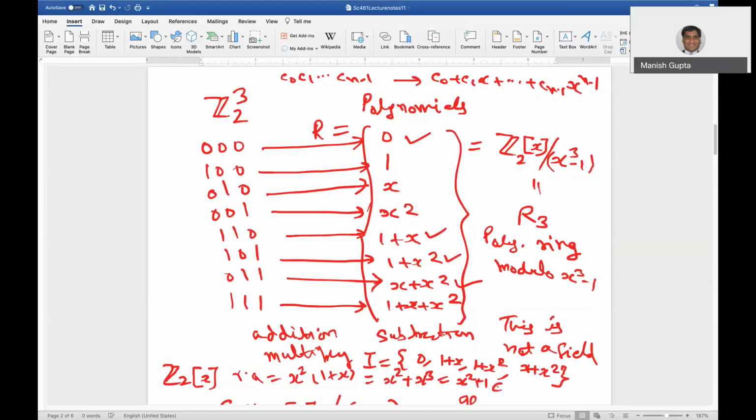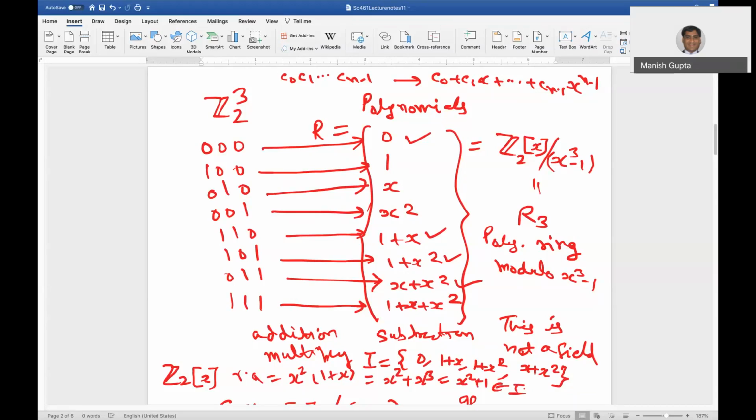We are again in I. So taking an element from the ring and multiplying it with an element of I, we get an element of I. It is closed with respect to scalar multiplication. So this is an ideal.